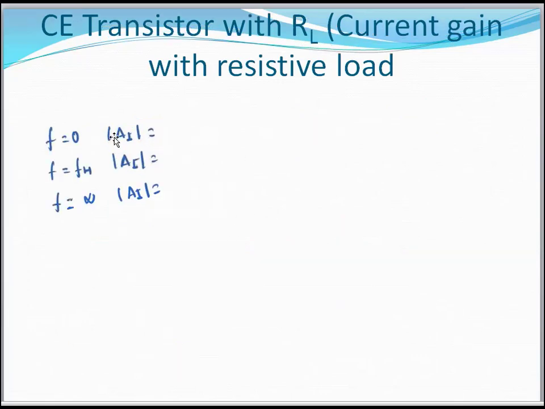So AI here is hfe by root 2, and here it is 0. So we can draw the frequency response for the given current gain equation.